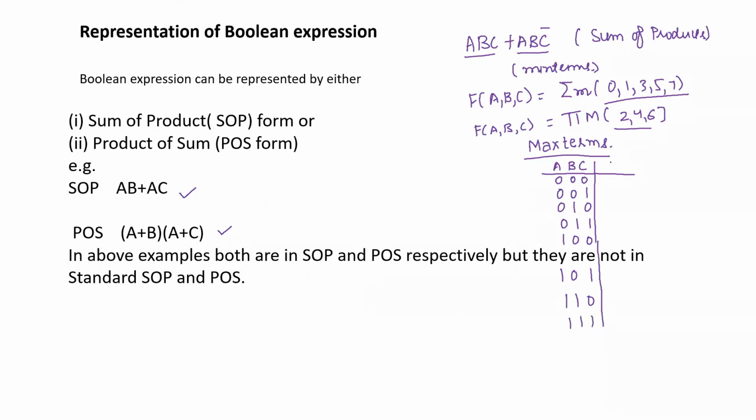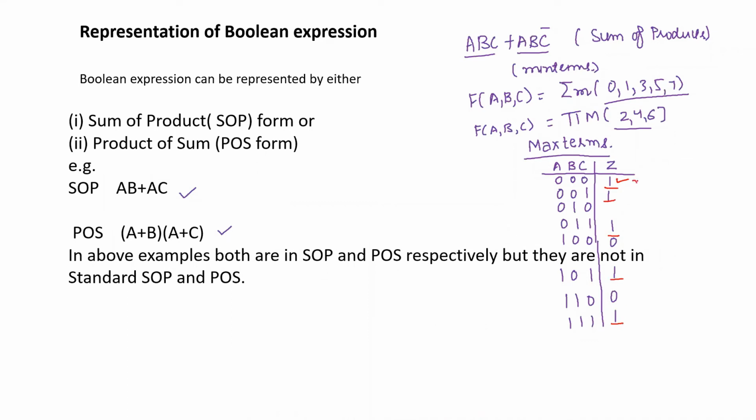So if you are having it like this, then 0, 1, 3, 5, and 7 give 1. The rest of them are zeros. So here you can see the red ones are minterms.